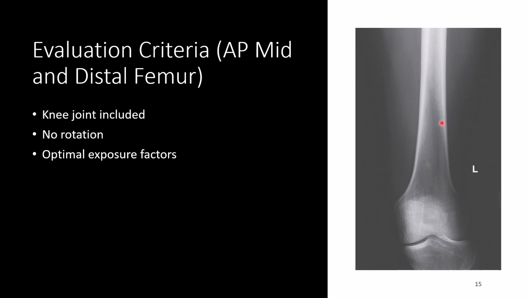When we look at that, again, we have the knee joint not open because our central ray is not parallel to the tibial plateau like it should be for a knee. It is simply perpendicular to the middle of this IR. But we capture the knee joint and we get as much of the distal femur as we can, along with our marker on there.